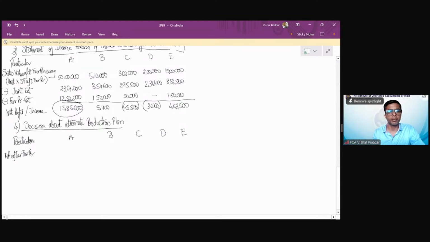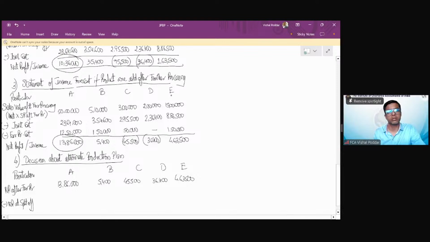I will copy this net profit. I will take net profit at split off, which we calculated above.